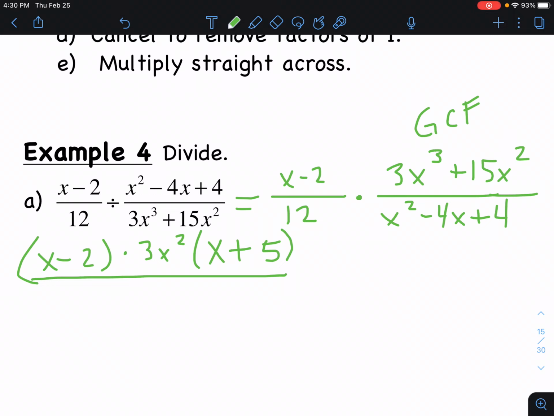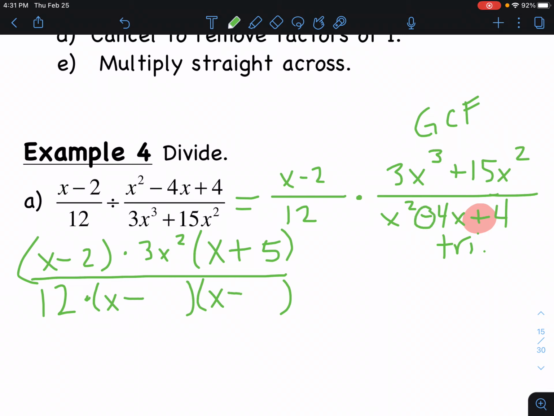The bottom left is just a 12, so just carry that down. And the bottom right is just a very easy trinomial. So we're going to go 2 binomials here. The c is a plus, so that means the signs are the same. So they're both minus minus.